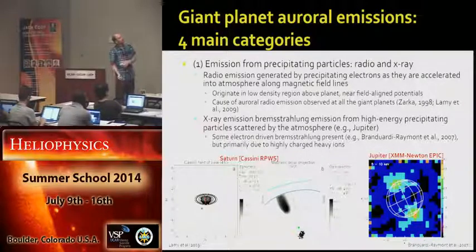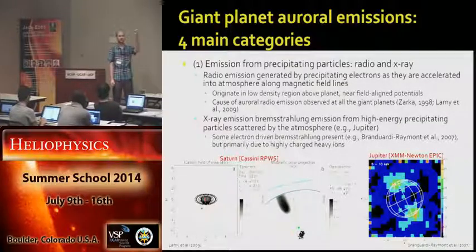You can also have X-ray emissions produced from two different processes. Bremsstrahlung emission from high-energy precipitating particles that are scattered by the atmosphere. And that's a minor effect at Jupiter, it turns out. The main generation of X-ray emission at Jupiter is highly charged, heavy, energetic ions.